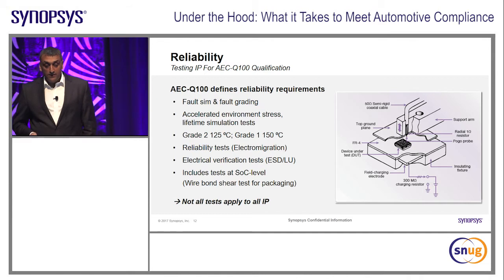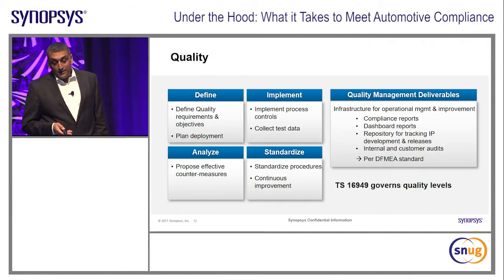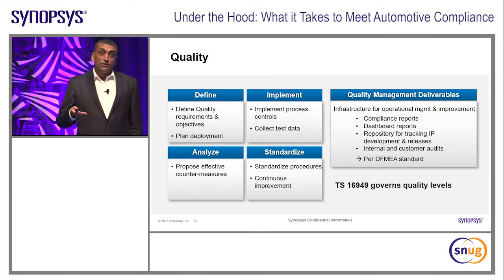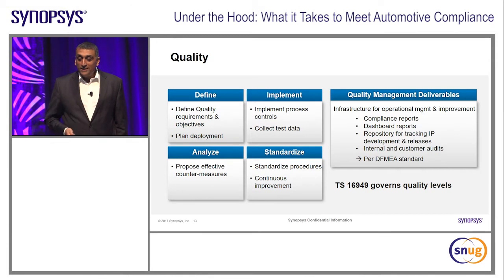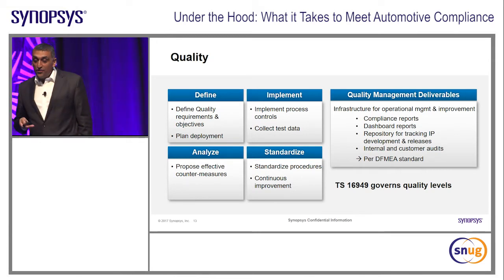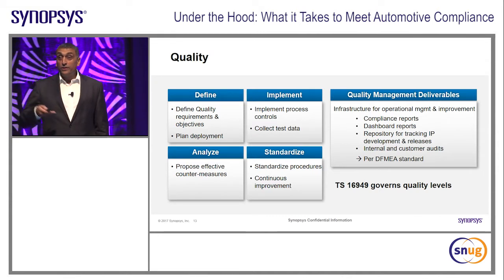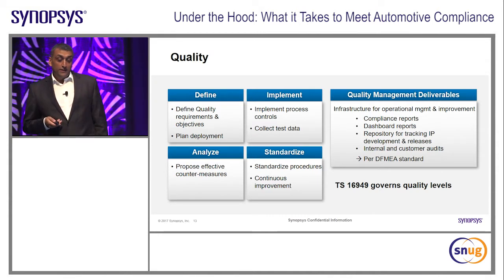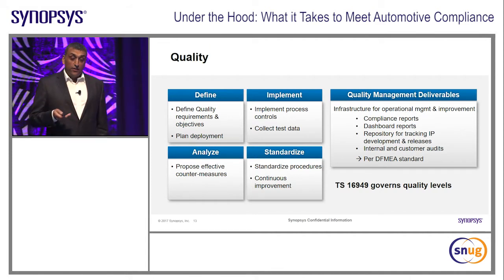The third pillar is quality. So I've summarized here all the quality requirements. Basically, quality is all about ensuring very thorough documentation and processes, and people to audit and manage that flow. So you define, you implement, you analyze, you standardize your development flow.